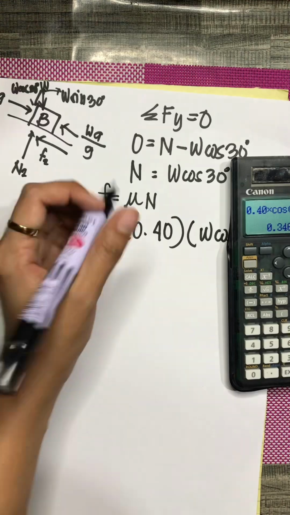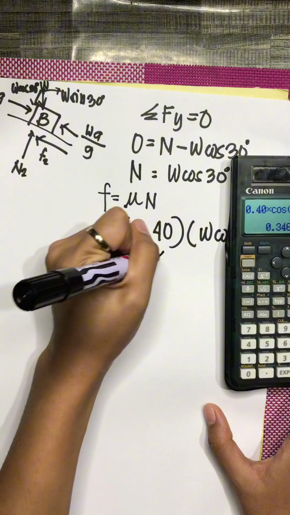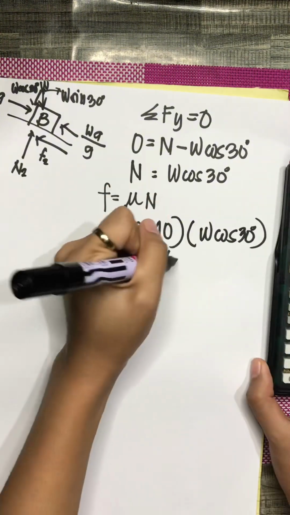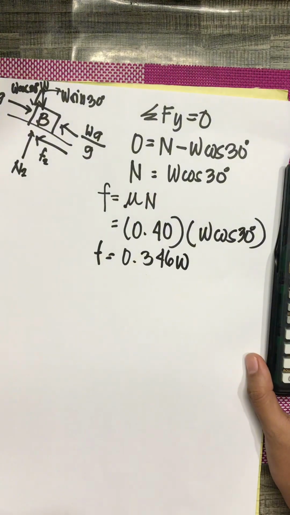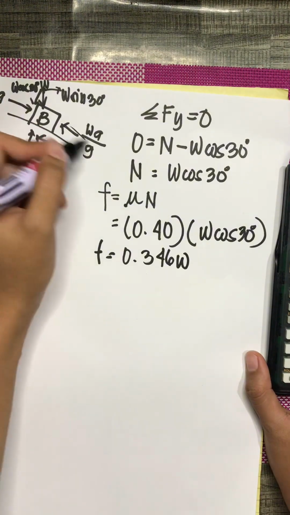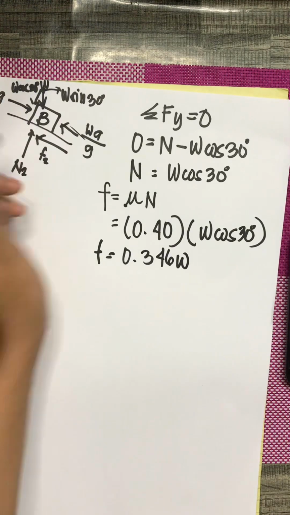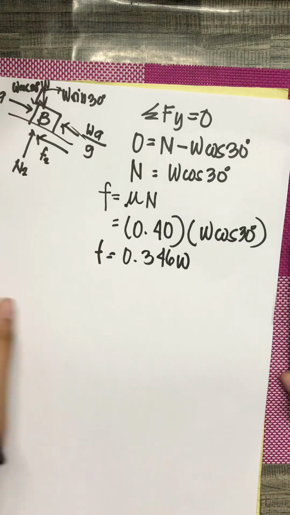So it is 0.346 W. Then to compute the acceleration, we need all horizontal forces, because it is the horizontal forces that give the acceleration.